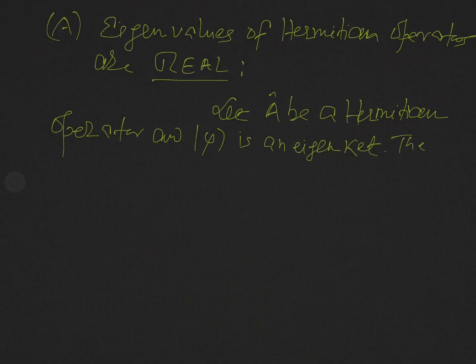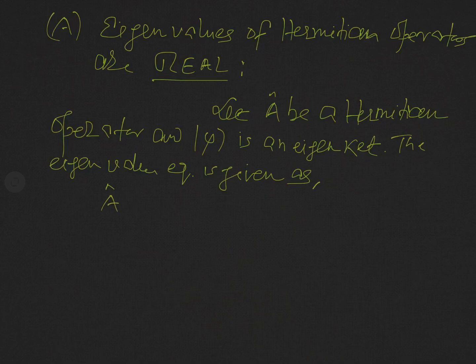The eigenvalue equation is given as, we will write the eigenvalue equation of this operator. You know how we will write eigenvalue equation. Operate the operator on the given eigenket, you will get the eigenvalue of the operator and the same eigenket. Say it is equation 1.